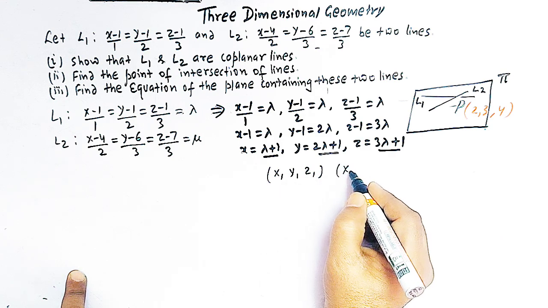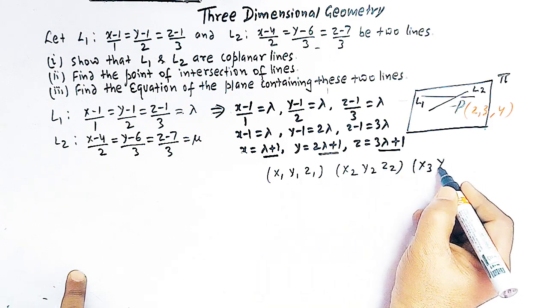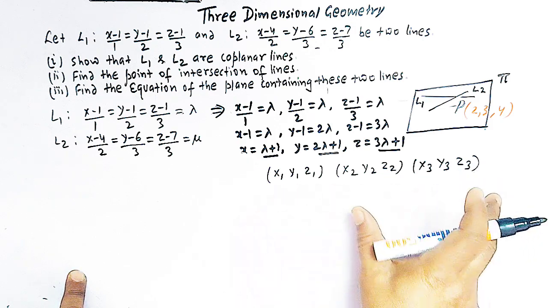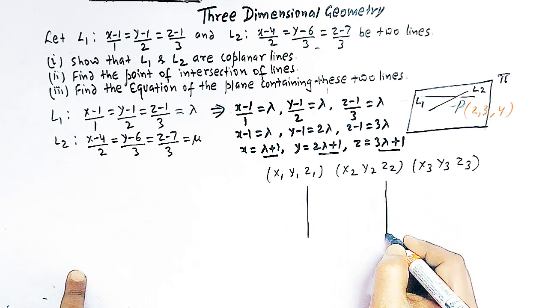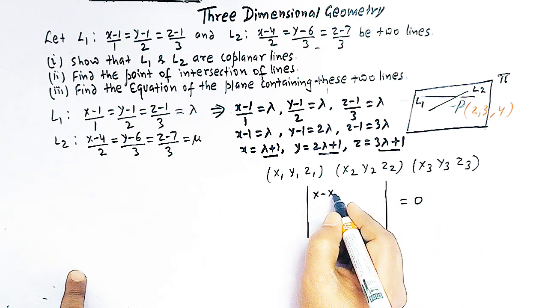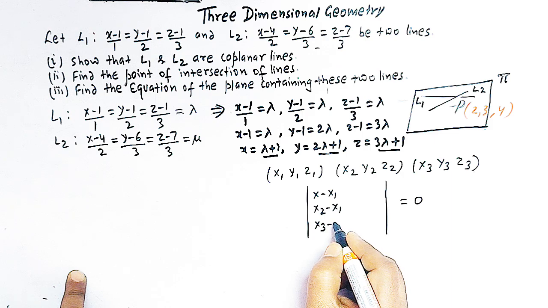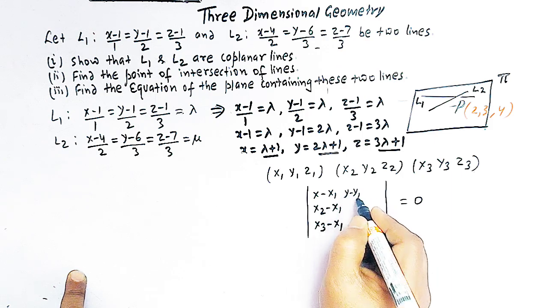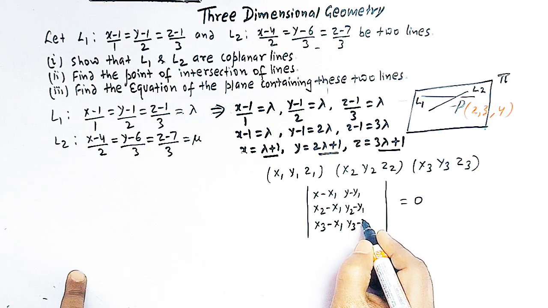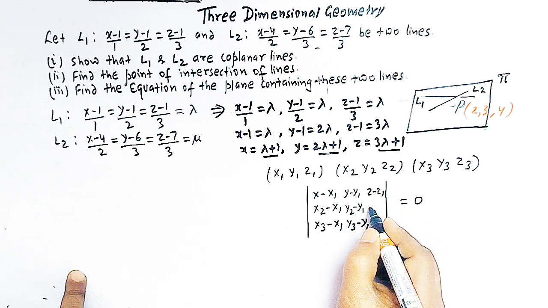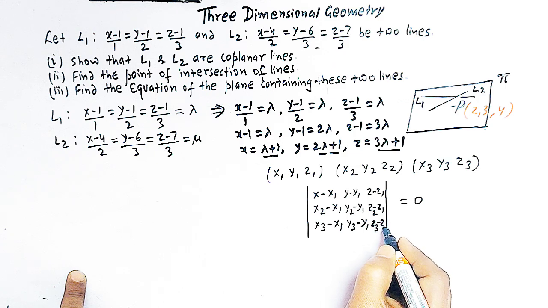So if we have the 3 points x1, y1, z1, x2, y2, z2, and x3, y3, z3, then the equation of the plane passing through these 3 points is given by this determinant, that is x minus x1, x2 minus x1, x3 minus x1; y minus y1, y2 minus y1, y3 minus y1; and z minus z1, z2 minus z1, z3 minus z1, right?